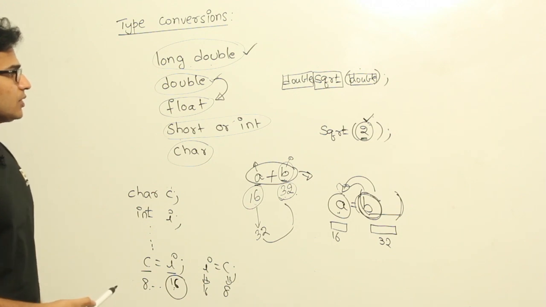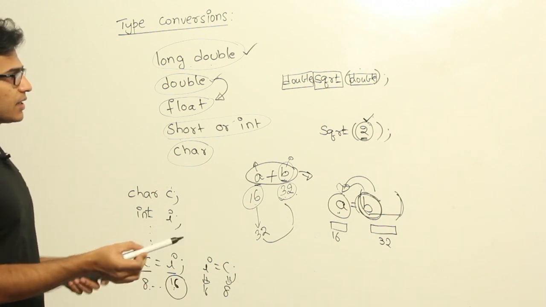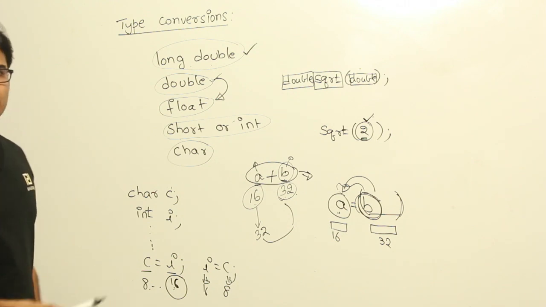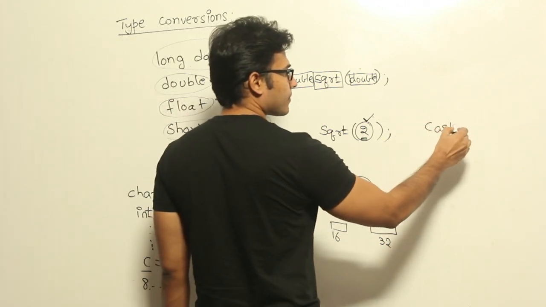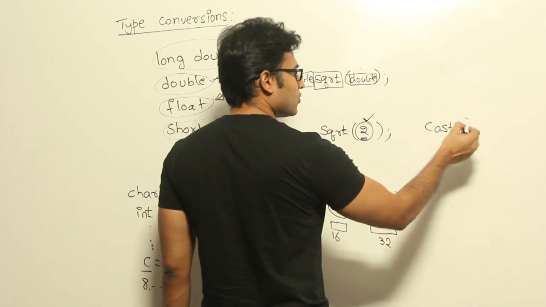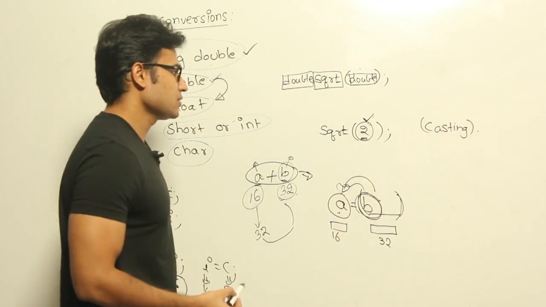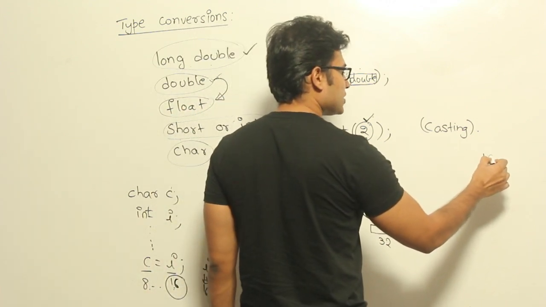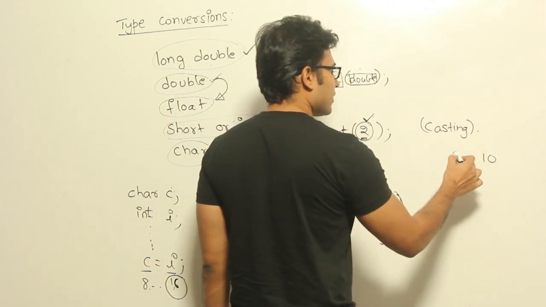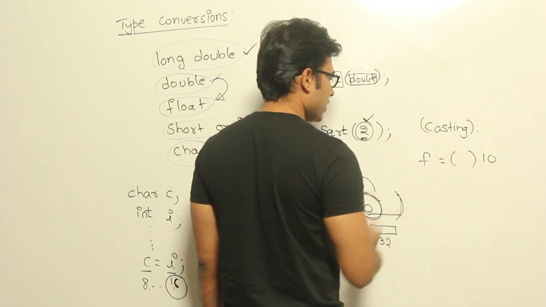Now you can also change these types explicitly, and that is called casting. What casting means is, let us say you have to store some value 10 into a variable which is a float type.